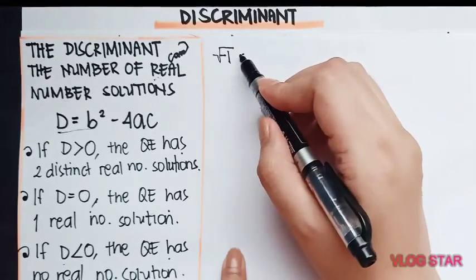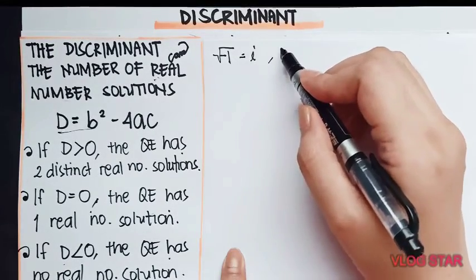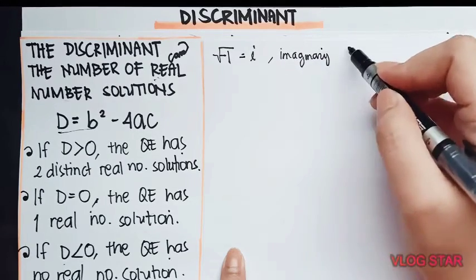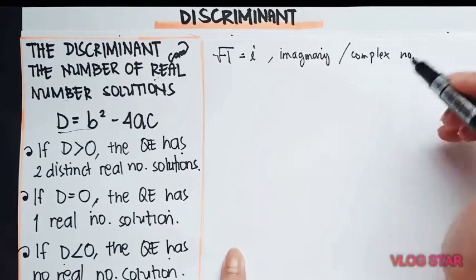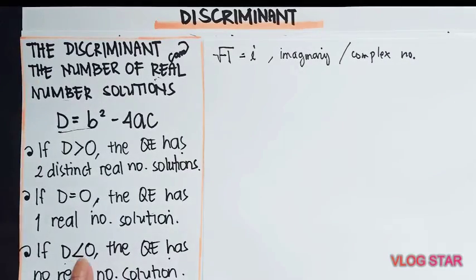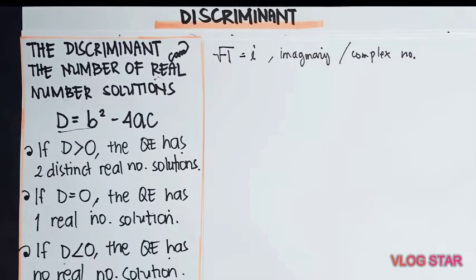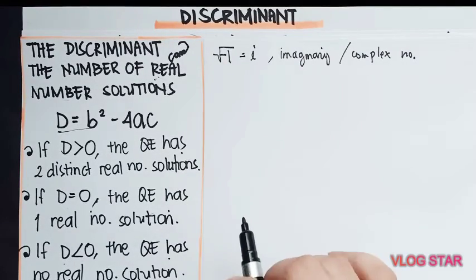The square root of -1 is represented by i, and we call this an imaginary number or a complex number. So if the discriminant is less than 0, it means that the solutions of a quadratic equation are the square root of a negative number, not real.